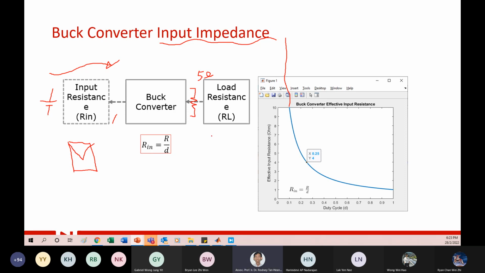Under normal operation it isn't really important, but it's important when you design a solar charge controller with MPPT, maximum power point tracker. This will be very, very important to make sure you can track the maximum power delivered, by changing the input impedance of the buck converter.